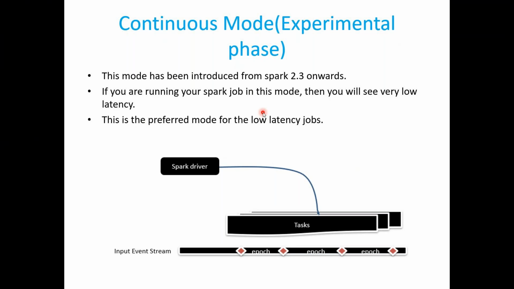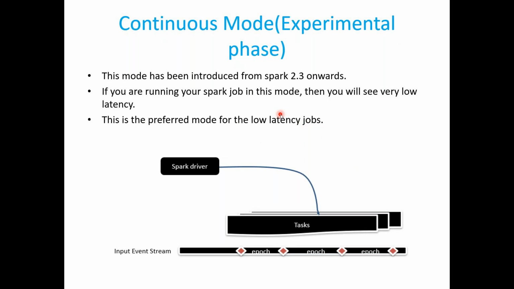If you want the results to be faster, then we will set the mode to continuous mode. But again, it is still in the experimental phase, not yet in production. But chances are this could be asked in interviews, right? So this should be more than enough, guys. I want you to practice the previous session and today's session, because this is really important.